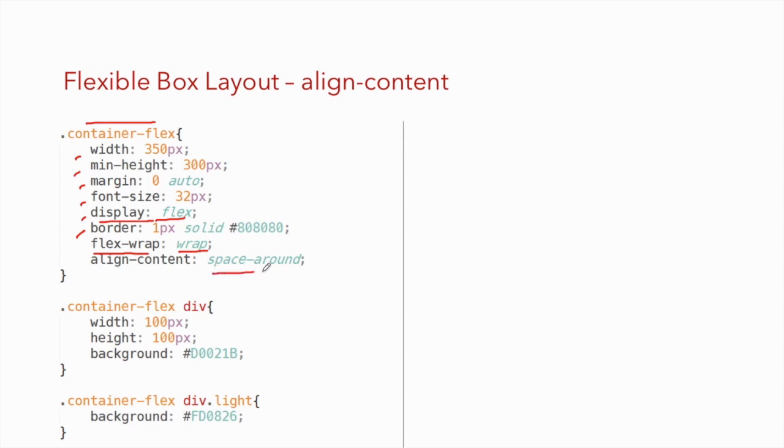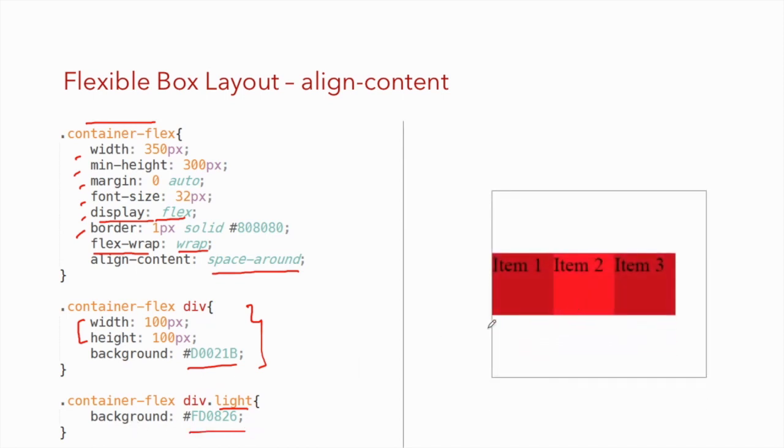So here we have specified the value as space around, and then we have the properties set for all the flex elements or the flex items. So we have specified height and width as 100 and a certain background color which is red. And then we have added one additional class which will be applied to one of the flex items, and it has a different color. So here is the output.